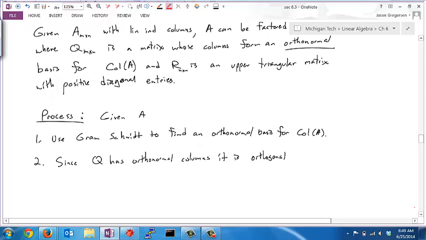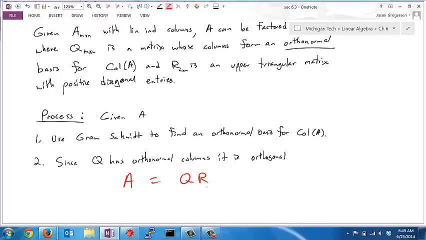Now how do we find R? Well, I know what A is, and I've just found the orthonormal vectors to find Q. All I'm going to do is solve for R. So to solve for R, what would I have to do here? Yep, but in fact this time it's easier.